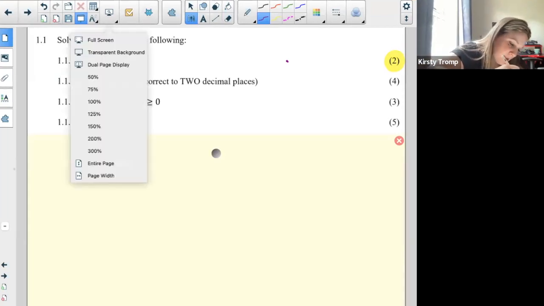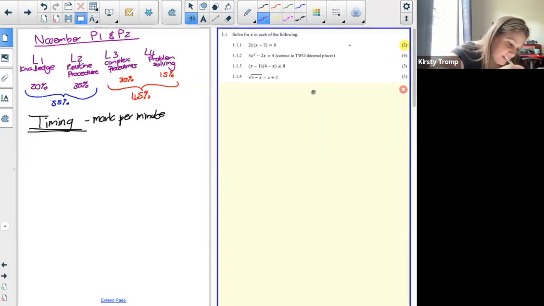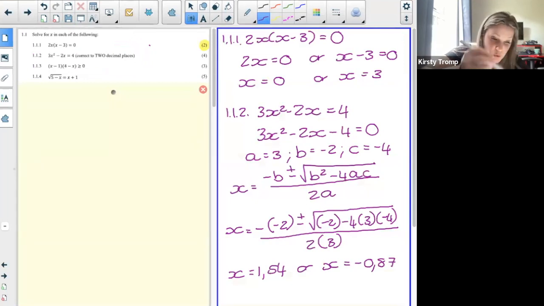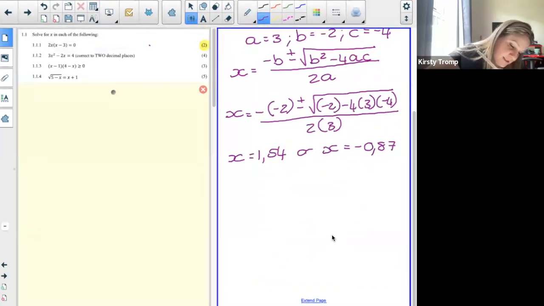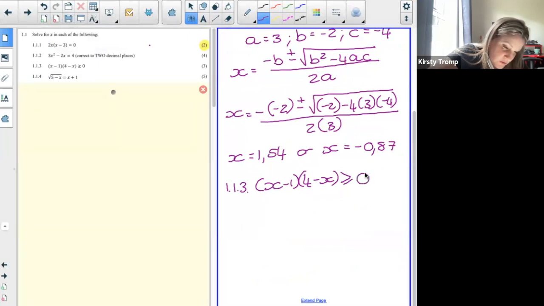So let's have a look at this inequality story, because it's really important that you do understand inequalities. If we're looking at this inequality, it says 1.1.3, (x minus 1)(4 minus x) less than or equal to 0.